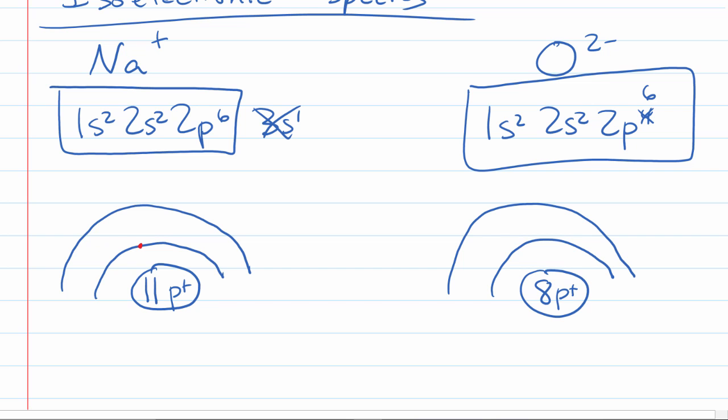We start putting those electrons in. How many will go into the inner level here on the sodium? 2. And how many in the outer level? We'll now have 8 going in there. There's 5, 6, 7, 8. We go to the oxide ion. Inner level is going to have 2. Outer level will have 8 as well.